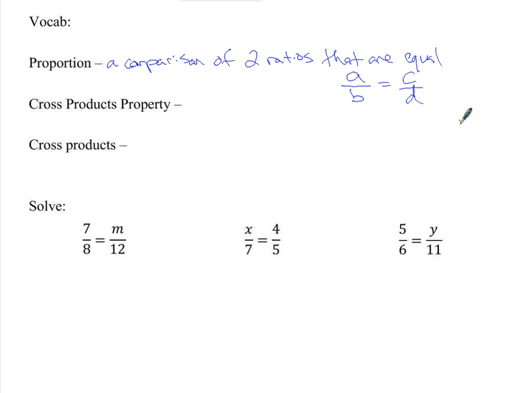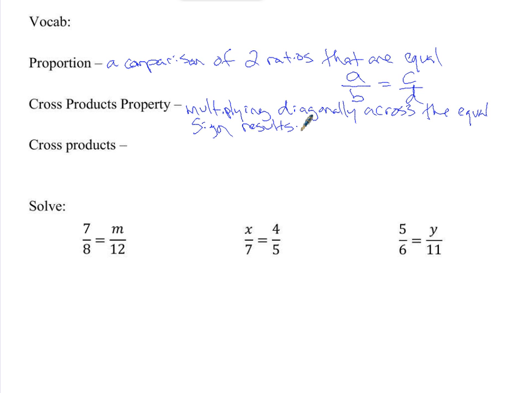Okay, yep. So multiplying diagonally across the equal sign. And when you do that, you wind up with a true statement. So multiplying diagonally across the equal sign results in a true statement.